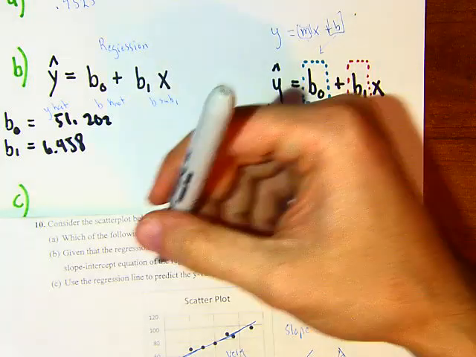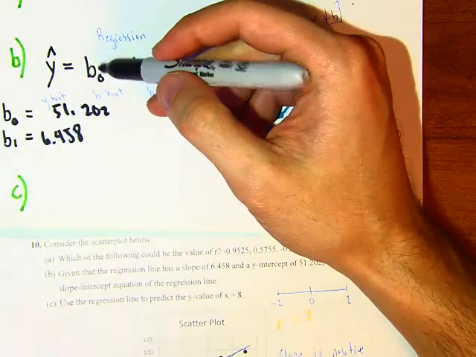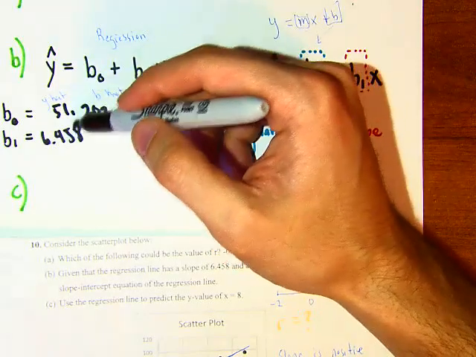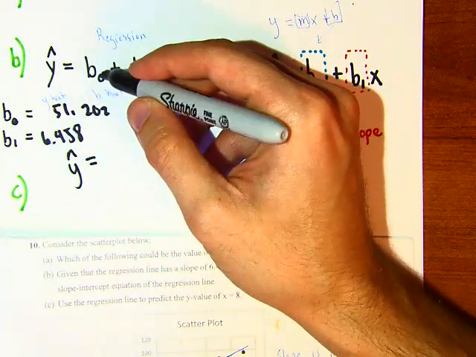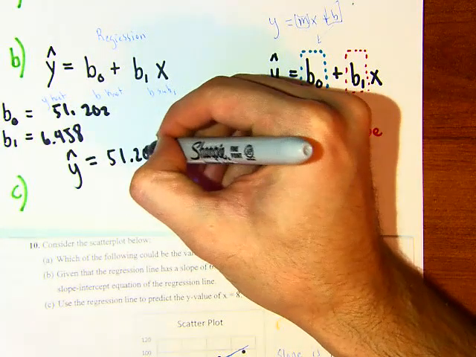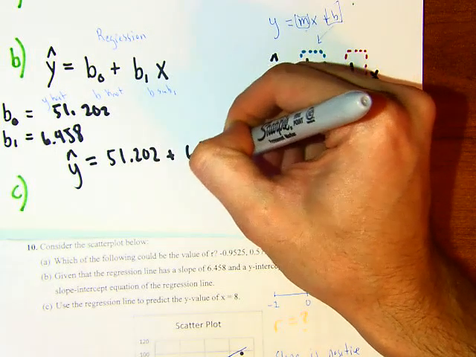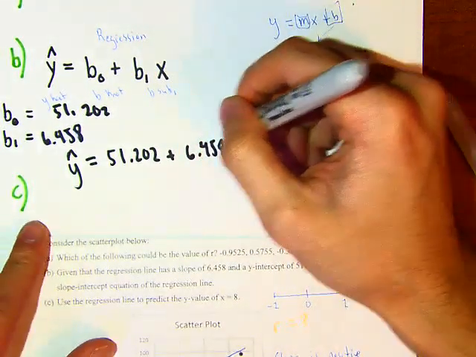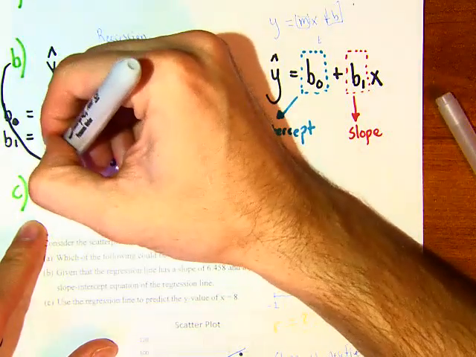It says find the slope-intercept equation of the regression line. You're literally just plugging these values into the equation. So you just say y hat is equal to b naught, which is 51.202, plus 6.458x. And this is the answer for part B.